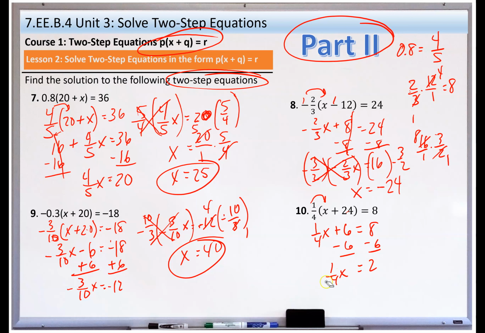Now to get x by itself, or in some cases some would say isolate x, I need to multiply both sides of the equation by 4. Because 4 is the reciprocal of 1/4, that becomes 1. My answer is 8.